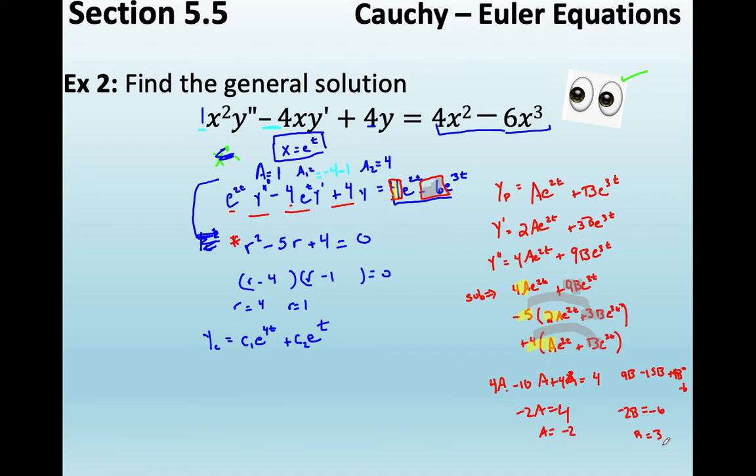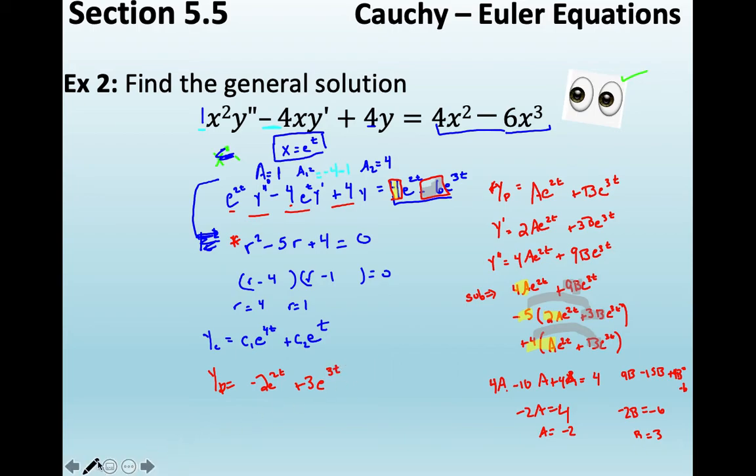So that means y sub p from up here was negative 2 e to the 2t and 3 e to the 3t.